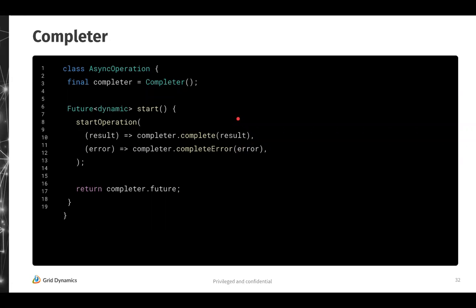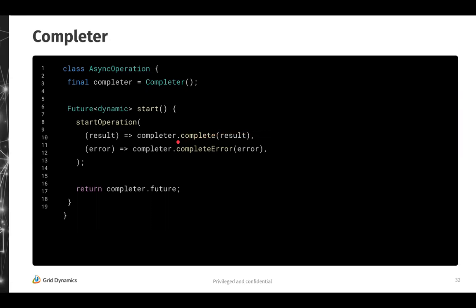First of all, you need to create your own Completer object. This Completer object features a couple of methods which you can use later from your callback-style API in order to indicate future completion, I mean resolution, or failure with an error.